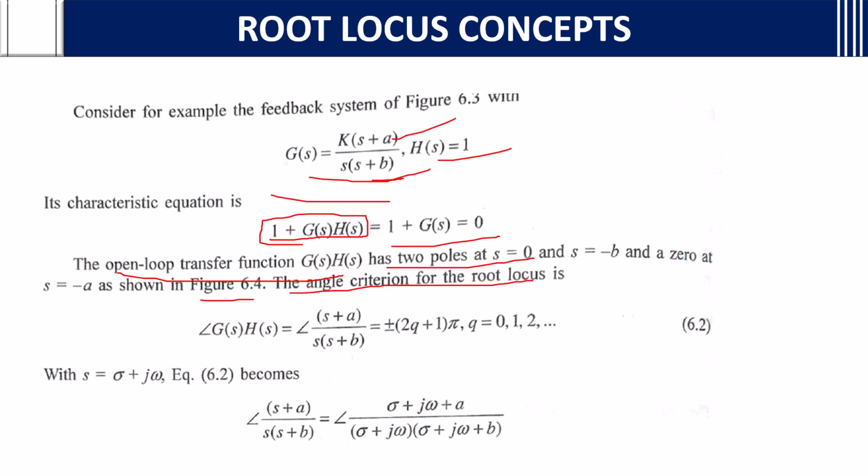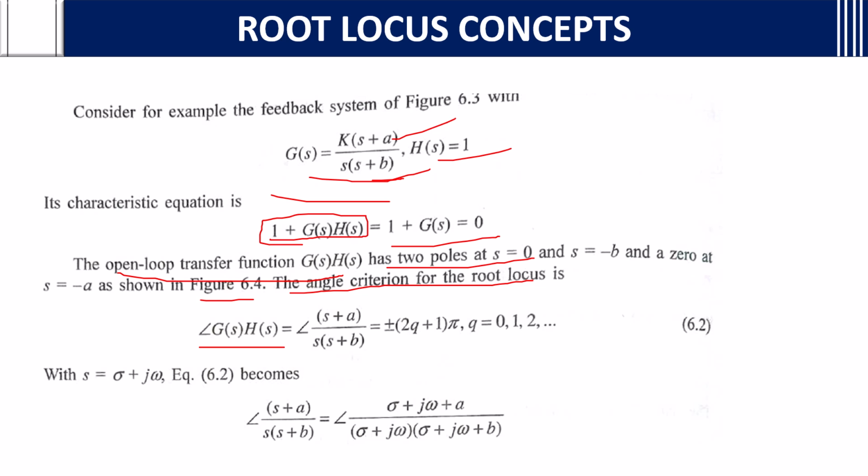The angle criterion for the root locus, you know what the angle criterion is. Given angle of g(s) h(s), the angle of g(s) is s plus a by s into s plus b. Only that you should take, and that equals plus or minus (2q plus 1) into pi, where q equals 0, 1, 2.